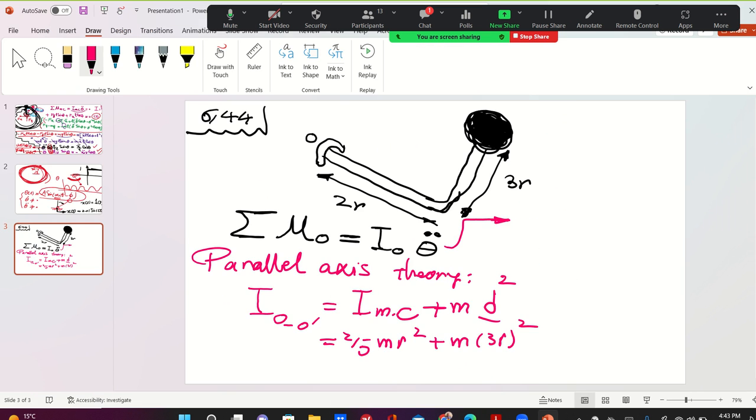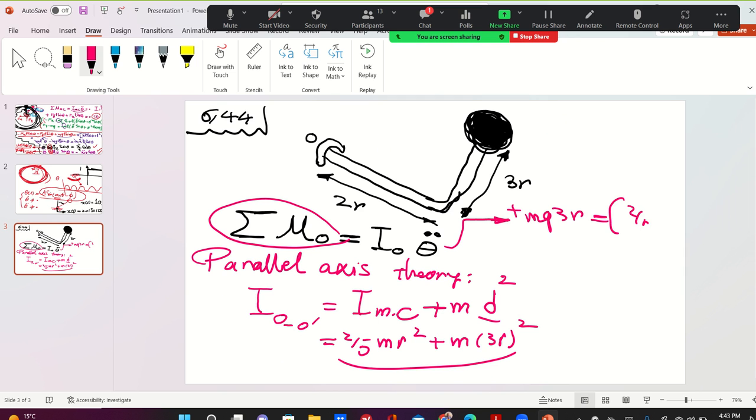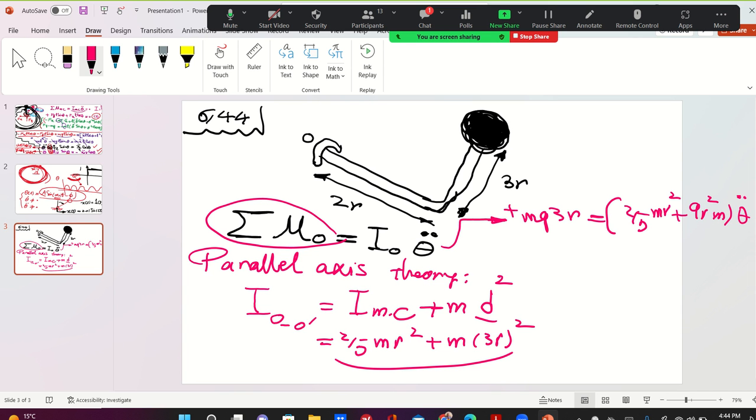So you're going to have mg times 3r, obviously positive, equals, since the only force acting is mg, 2.5 mr squared plus 9r squared m, times theta double dot.